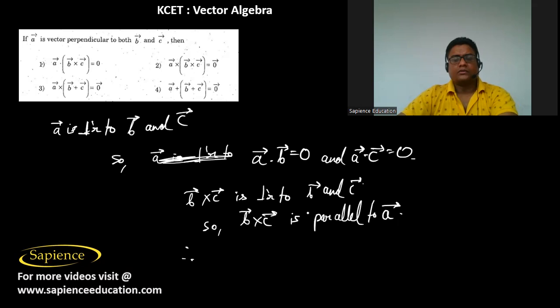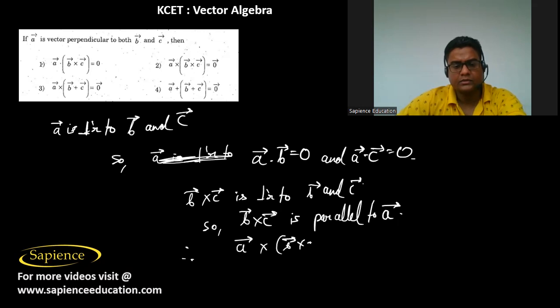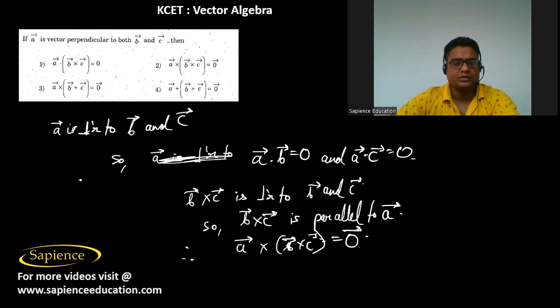So therefore their cross product will become 0. So a vector cross b cross c will become 0 vector. So it means that option 2 is the correct answer.